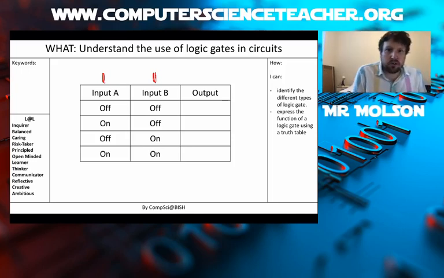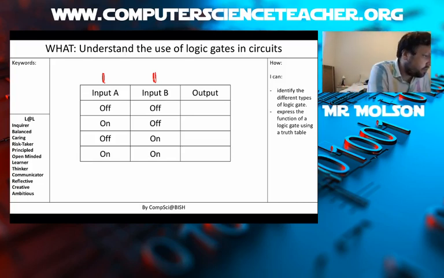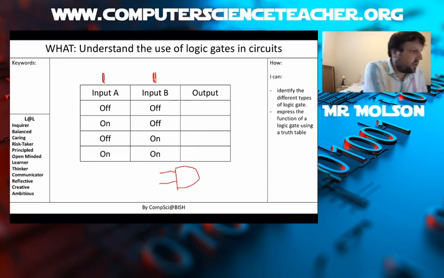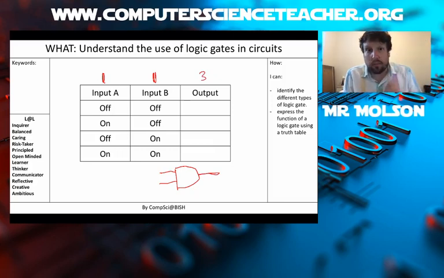Most of the logic gates that you are going to investigate from today will have two inputs. Here, for example, is an AND gate, and it will have input A and input B. The third column, this one here, is the output. All of the gates that you will look at today will have one output.